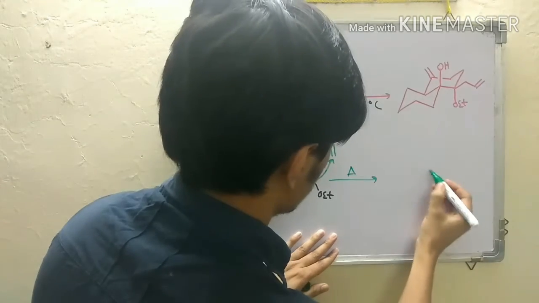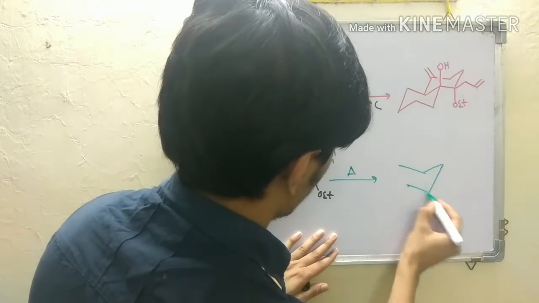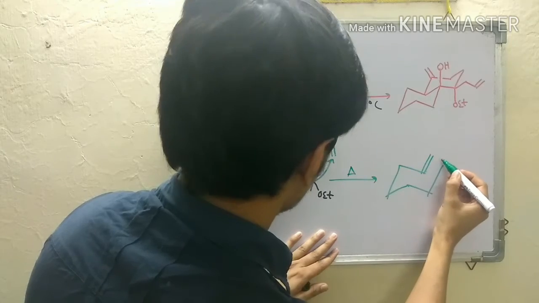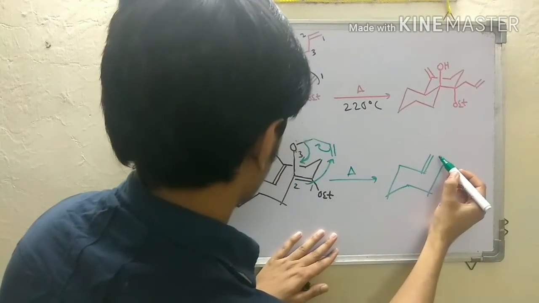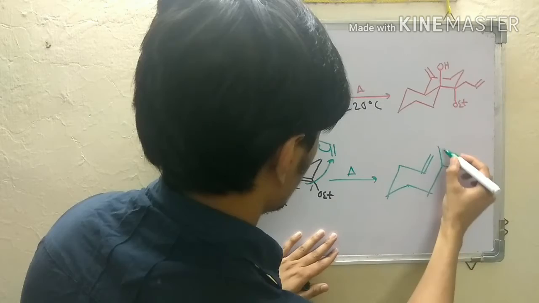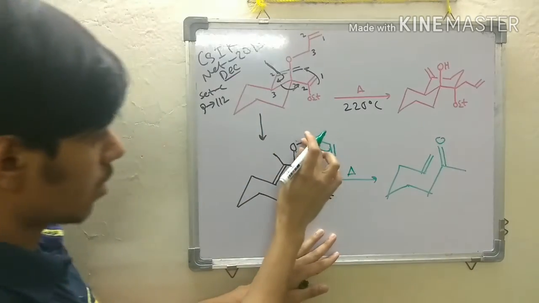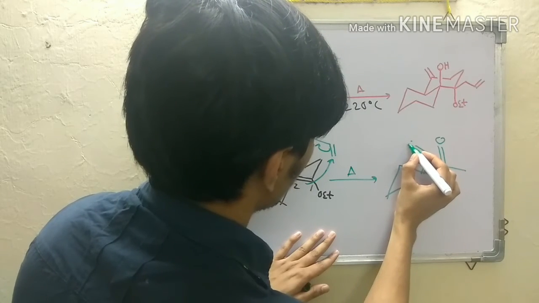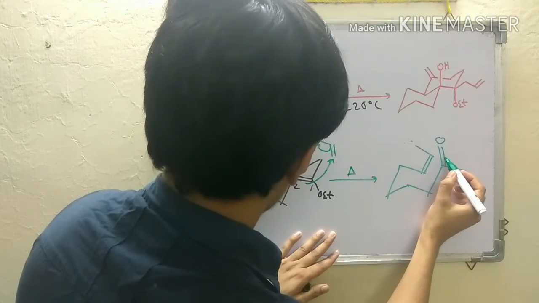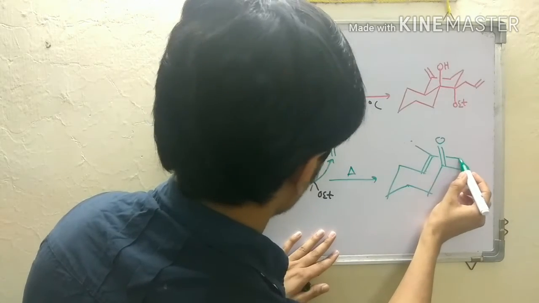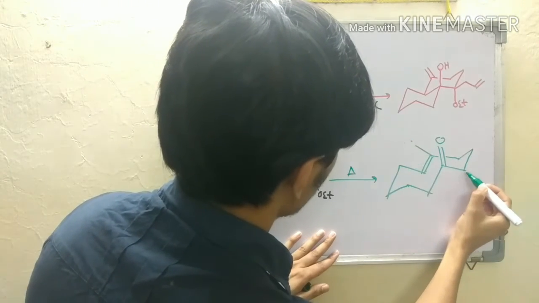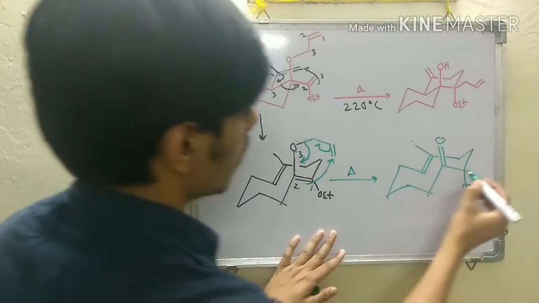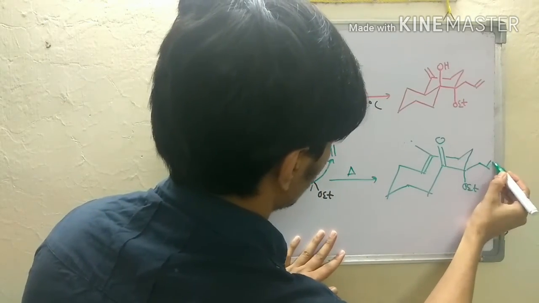Sorry for the cyclohexane. Here you are forming a keto group: after breaking of this bond, a keto group will be formed here, and you have your methyl group here. Now this is the same, and this OEt group will go down and a new group is adding here.